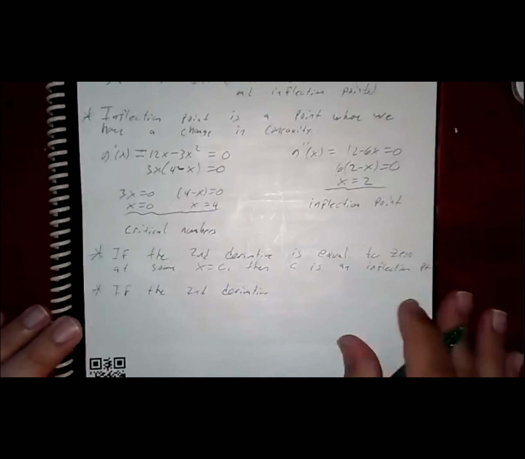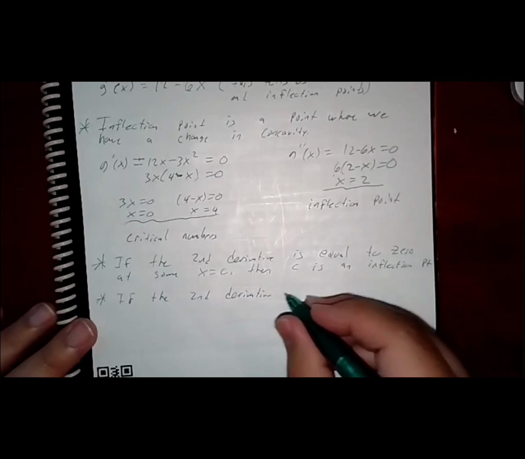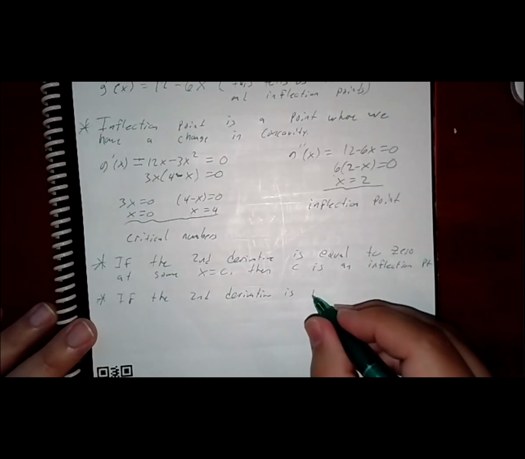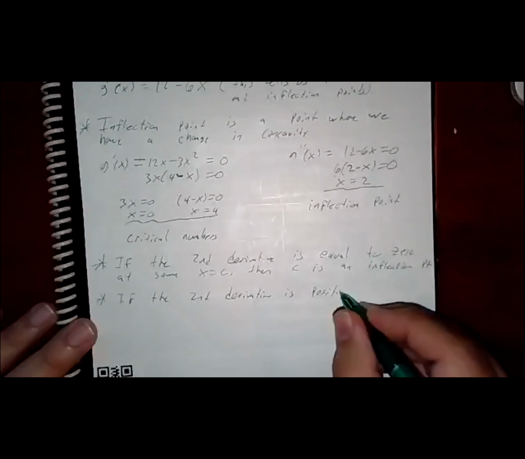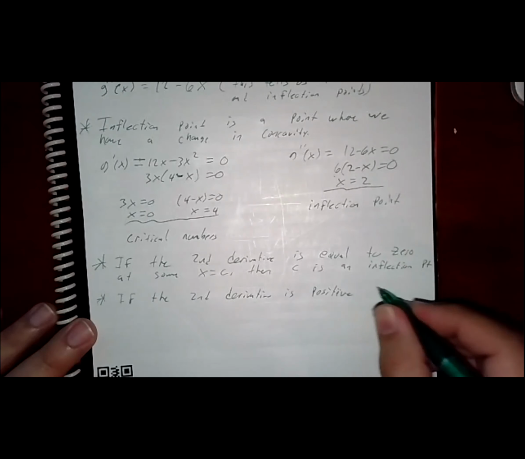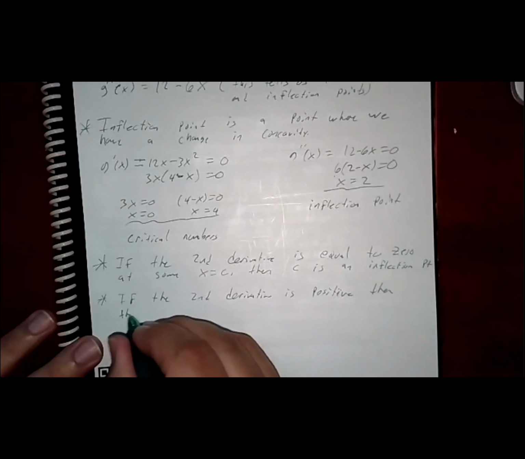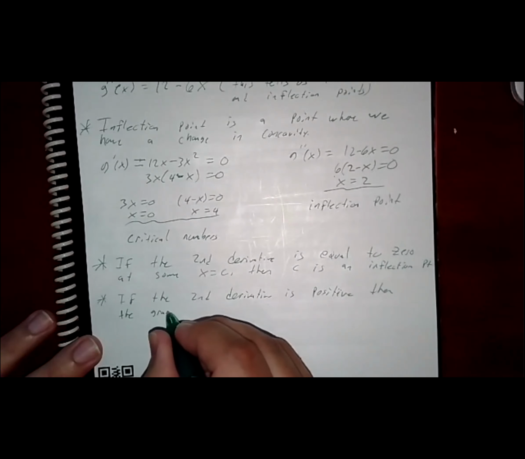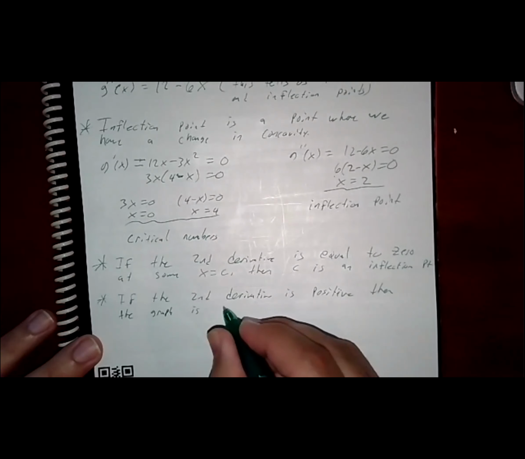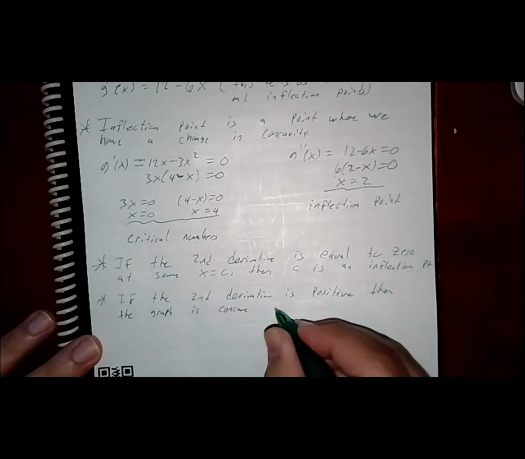If the second derivative is positive, then the graph is concave up.